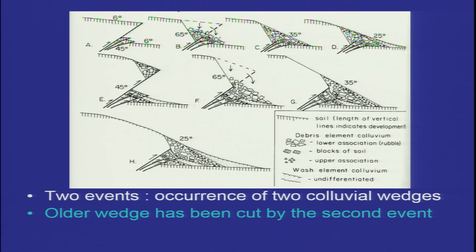So, you will have the deposition of the colluvial wedge here, and after this finally you will have the slope and the finer material coming and depositing, and stabilization of the free face of the scarp.